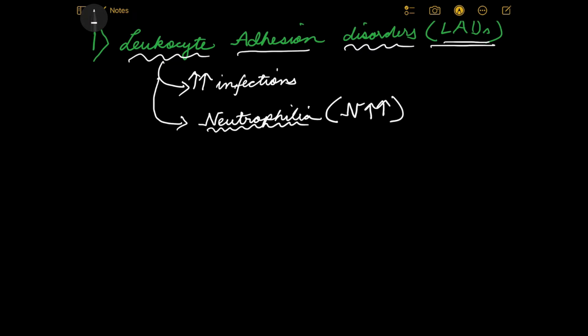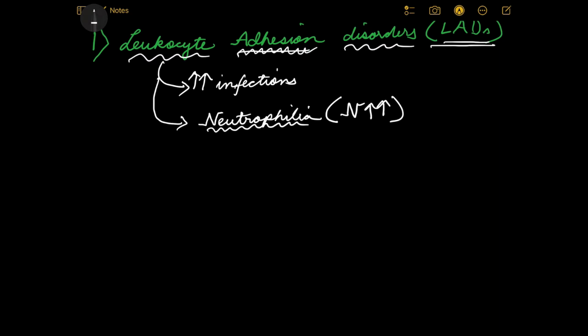Since you have a problem with adhesion, the neutrophils would have a problem transmigrating to the offending agents present outside the blood vessel. Because remember what adhesion was all about?